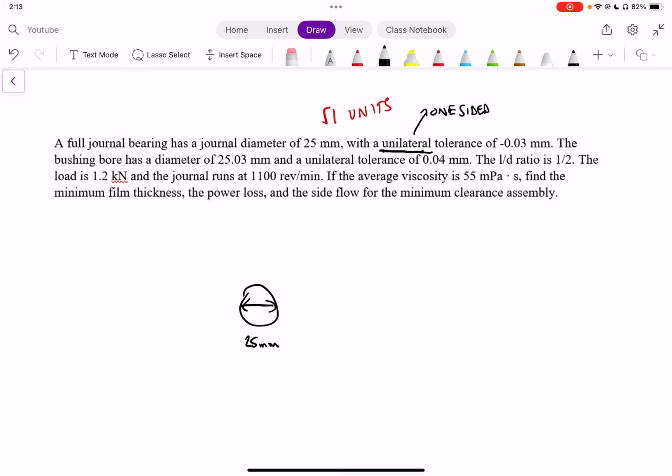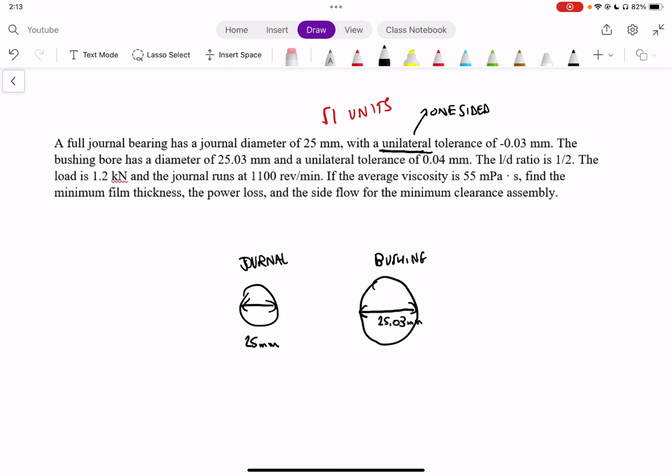The bushing itself, which I'm going to draw separately, but you could draw them on top of each other, is 25.03 millimeters, and it has a unilateral tolerance of 0.04. That means the journal and the bushing can never essentially be the same size because of that unilateral tolerance. So the bushing could go up to 25.07 and the journal could go down to 24.97.